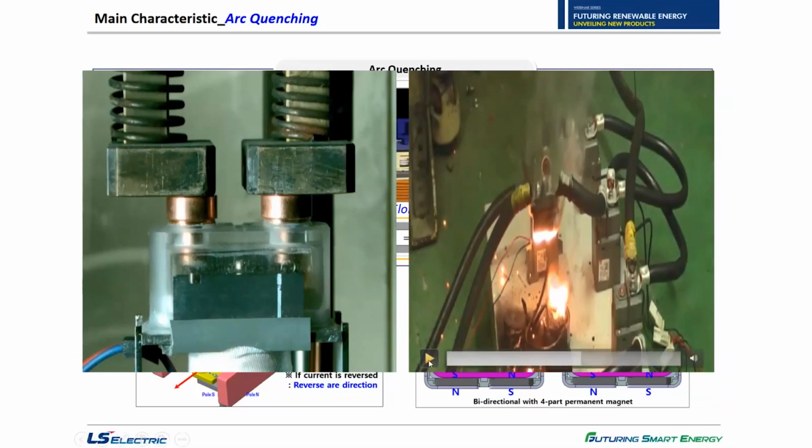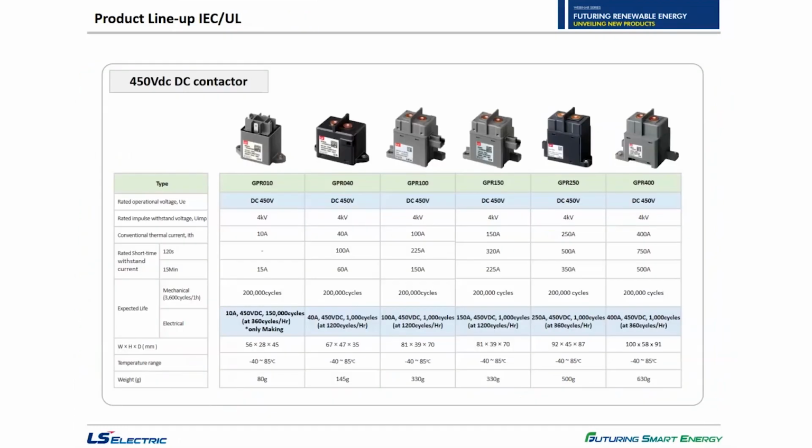That's why we have confidence in our DC contactor compared to our competitors. Please do consider that fire is very big damage for your system. So I know we can guarantee that our system is very good for your system installation.